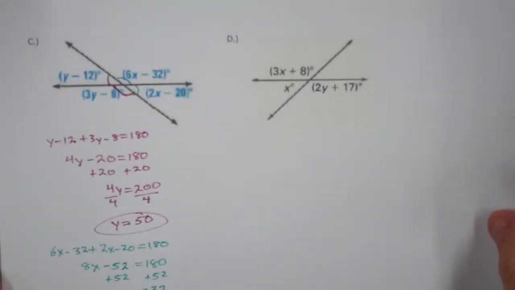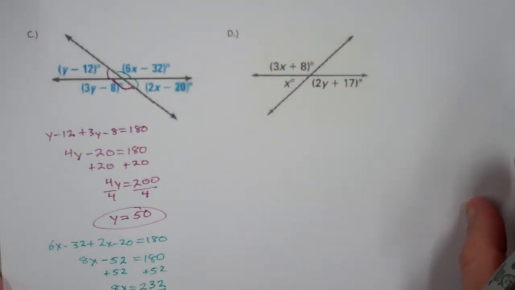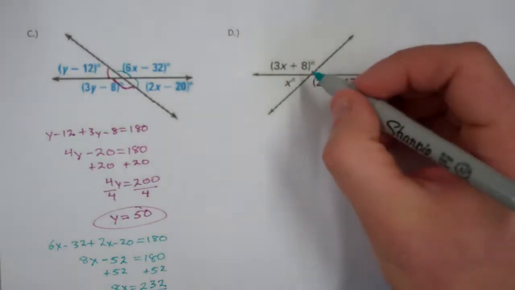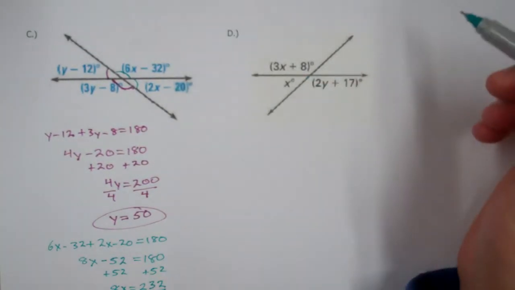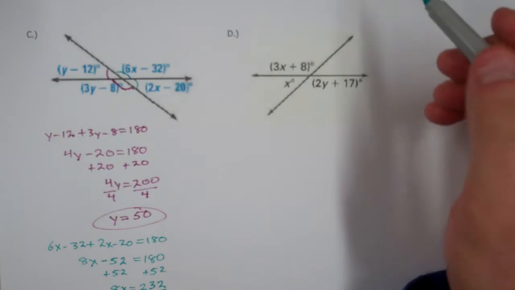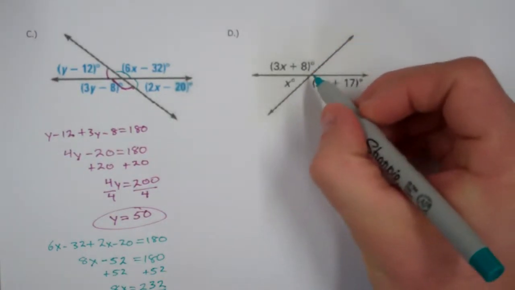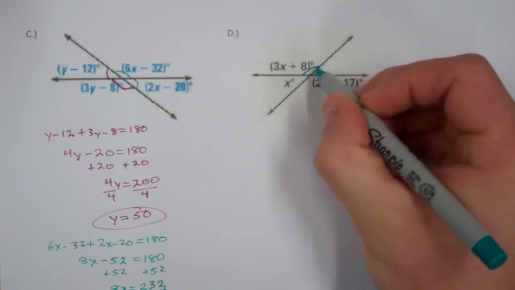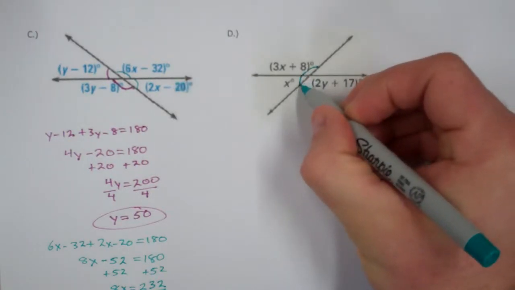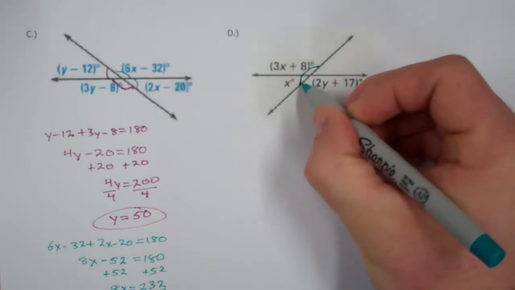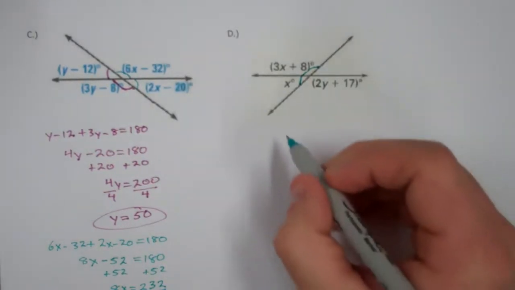Now we'll work with part D here. So we'll try the x's again here, and let's see if we can figure something out. Well, we have this angle here that has an x in it. This angle has an x in it, and look, they form a straight line, so they must be supplementary.